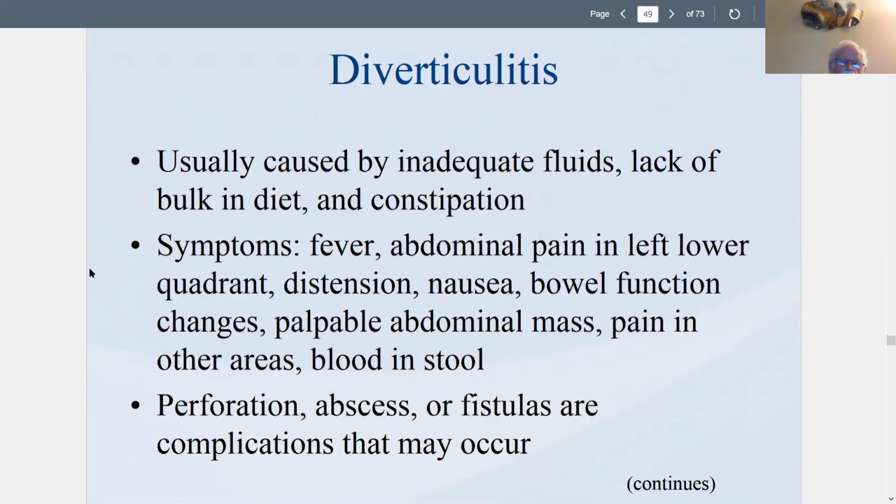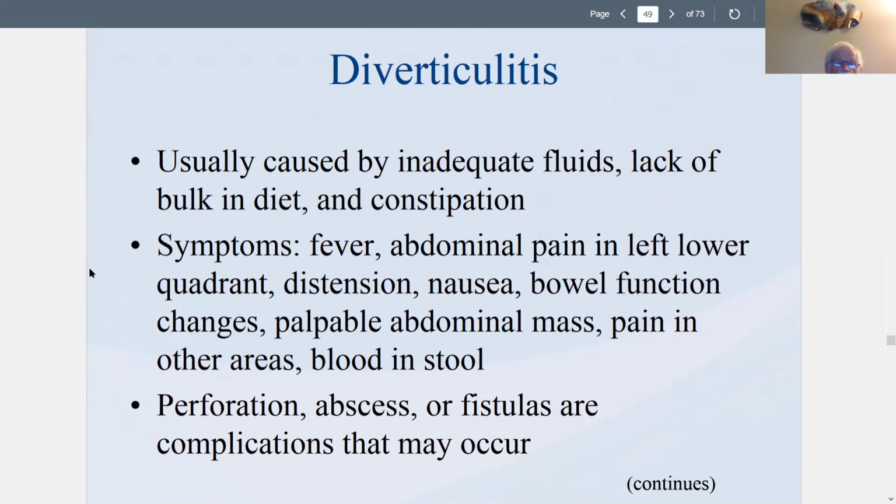It is usually caused by inadequate fluids, lack of bulk in the diet, and constipation. The symptoms include fever, abdominal pain in the left lower quadrant, as opposed to abdominal pain in the right lower quadrant, which we associate with appendicitis.